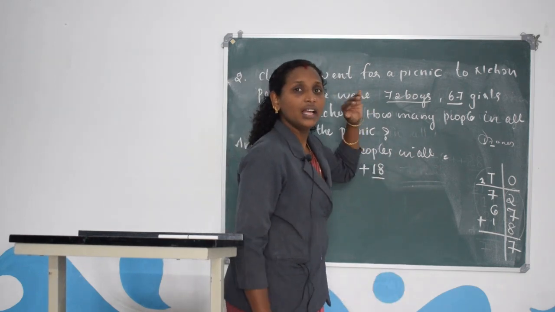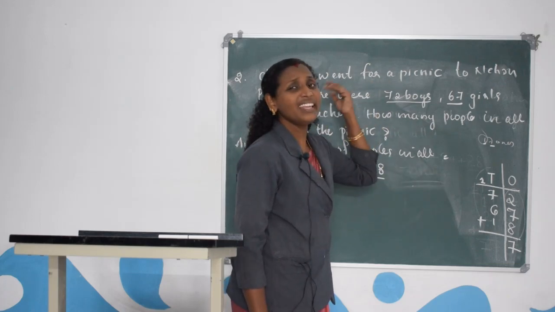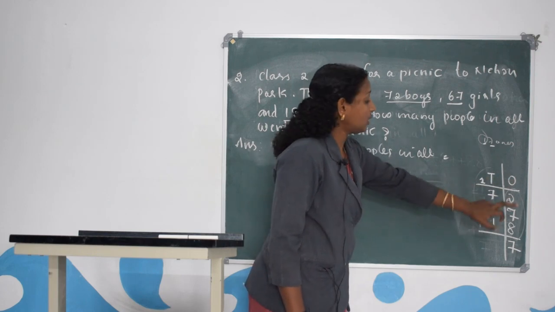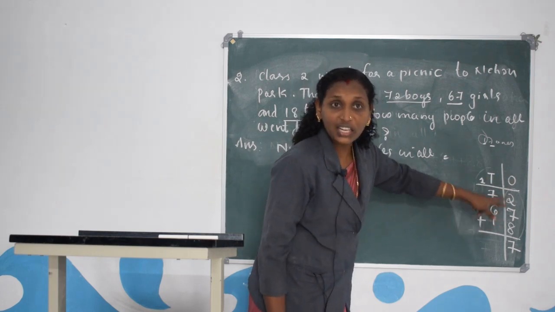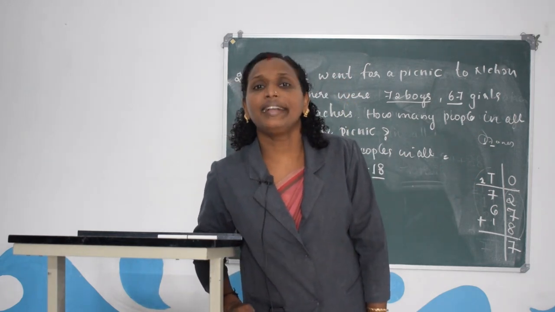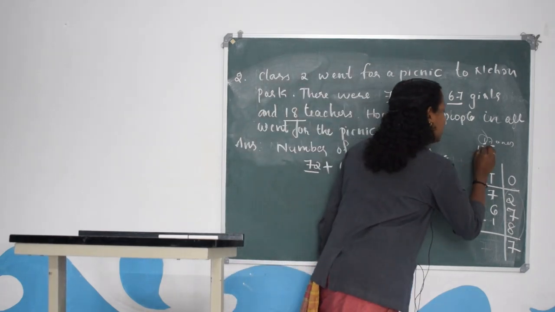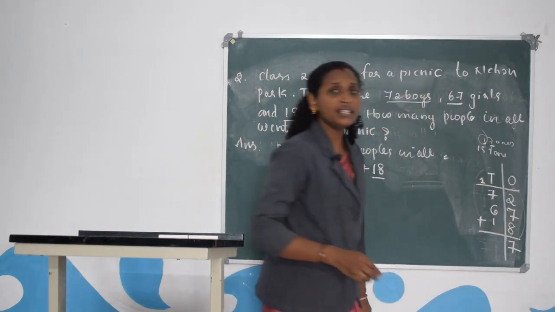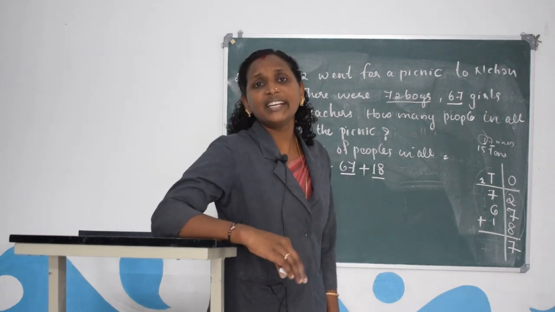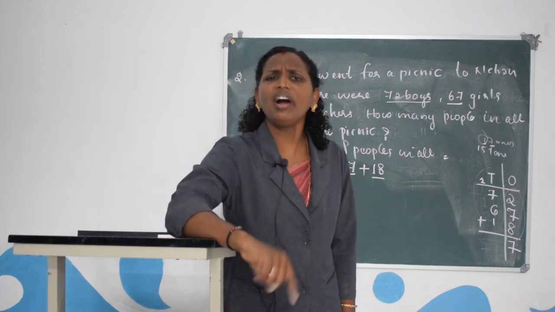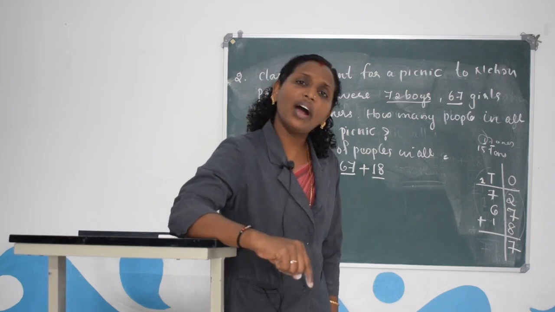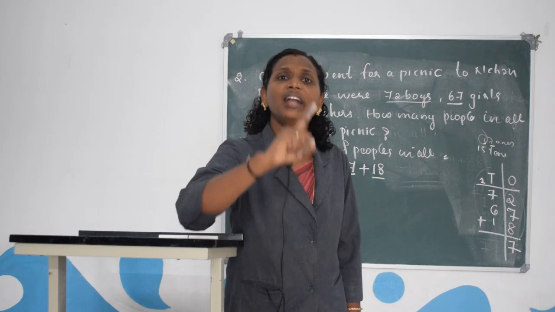Okay. So look at the tens. Add the tens. 7 plus 6 is 13. 13 plus 1 is 14. 14 plus 1 is 15. 15 tens. 15 tens can be regrouped into 5 tens and 1 hundred.